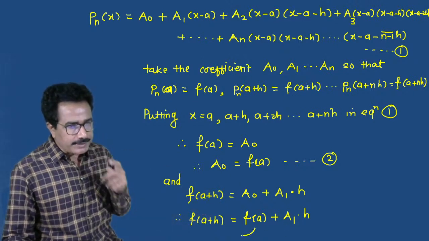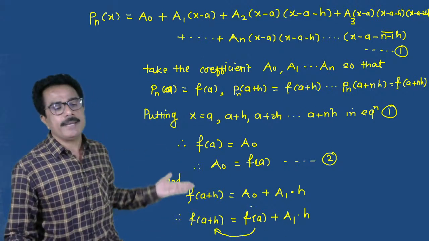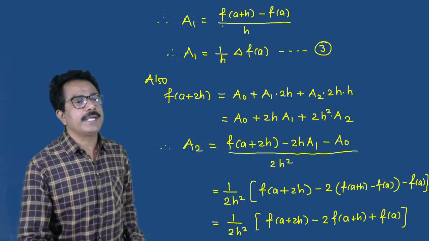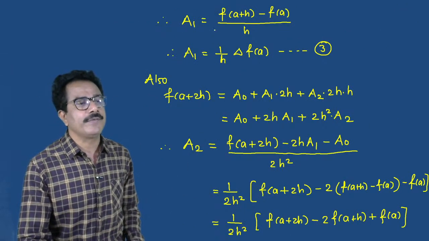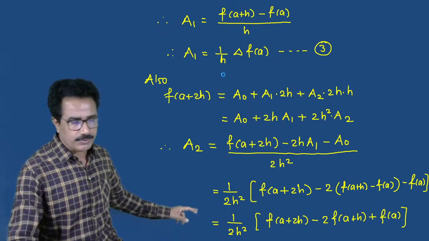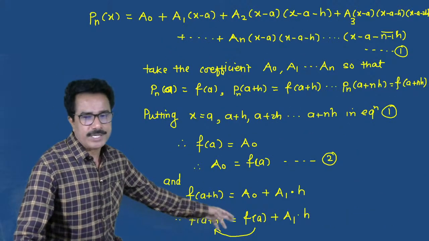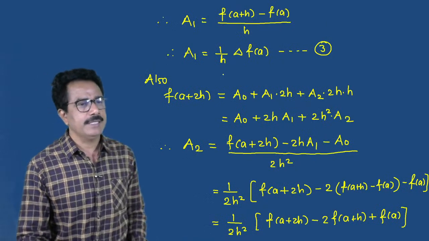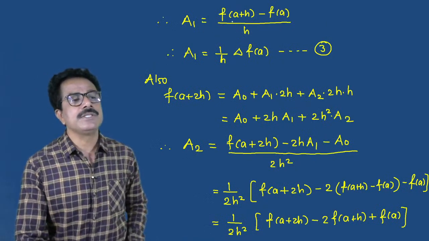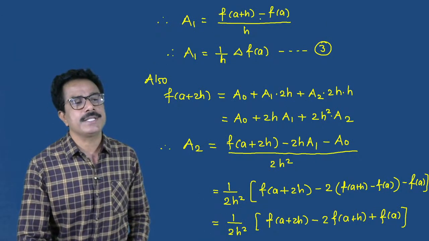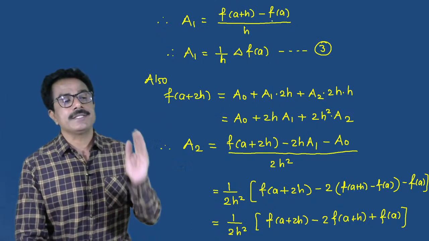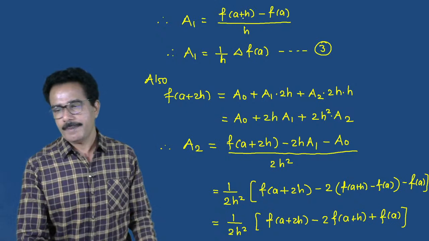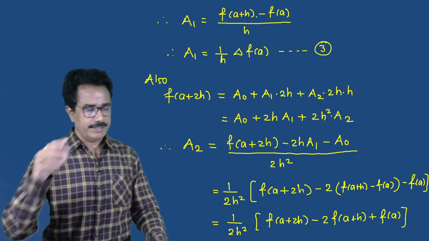Now if we take this f of a on left side, then we get f of a plus h minus f of a, आणि a1 into h त्याला डिनॉमिनेटर मध्ये घेतला, तर a1 is equals to f of a plus h minus f of a divided by h.